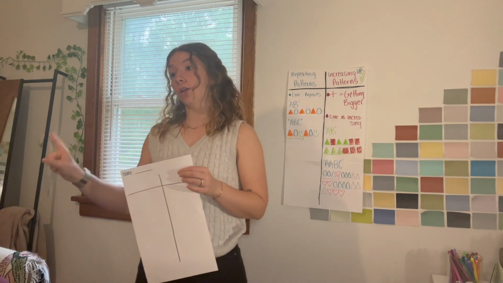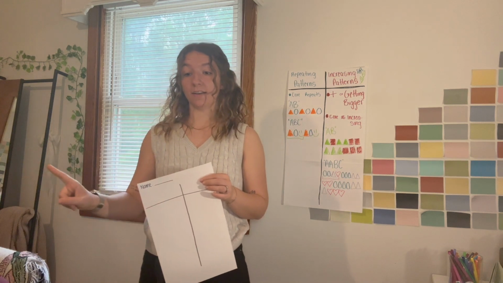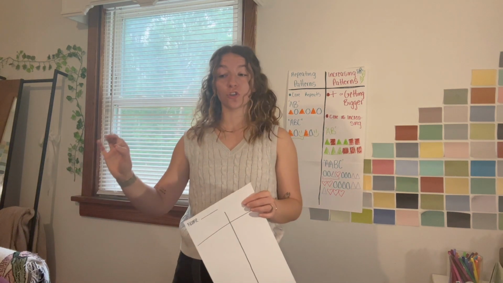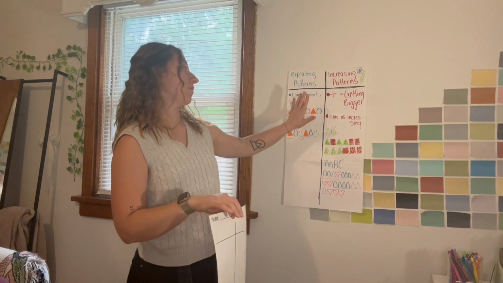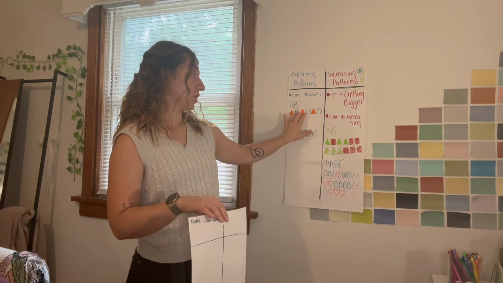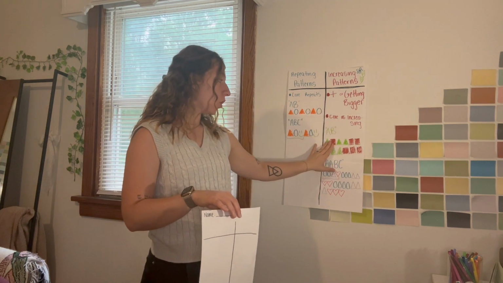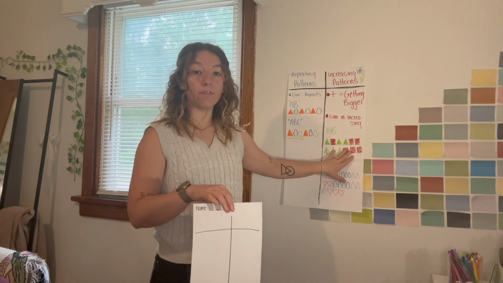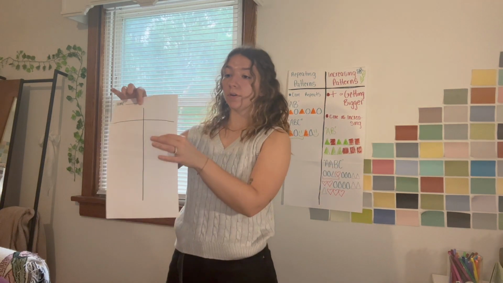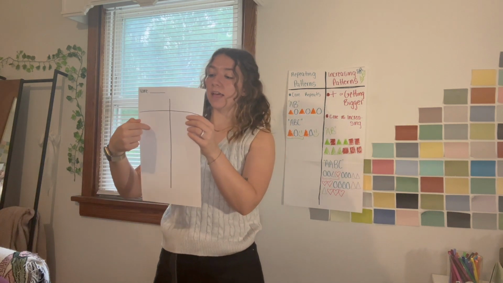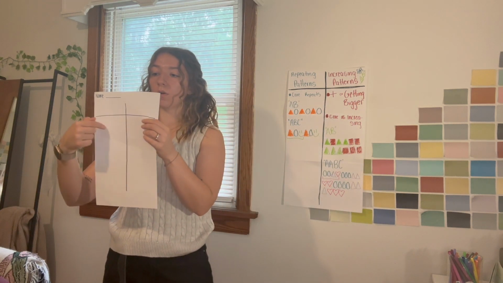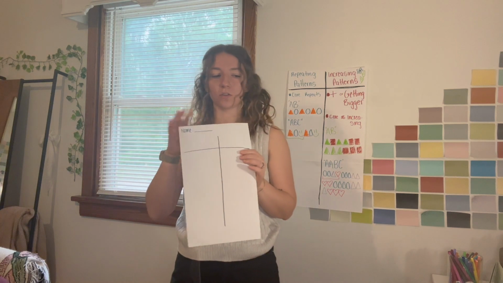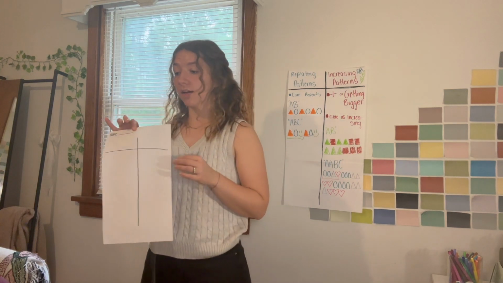I think it's a good strategy to identify the core of the pattern first. That's how you're going to decide whether your core is just repeating or if your core is increasing. However, on your paper, I would suggest that you identify the core. But that's a little extra challenge for those who maybe get done fast.